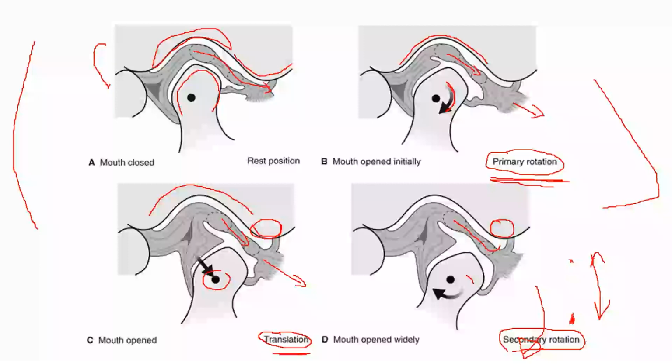You cannot controlled-dislocate this TMJ without primary rotation first. And this articular disc is slipping forwards, making contact with the articular tubercle to protect against bone-on-bone action. We don't want bone-on-bone action.